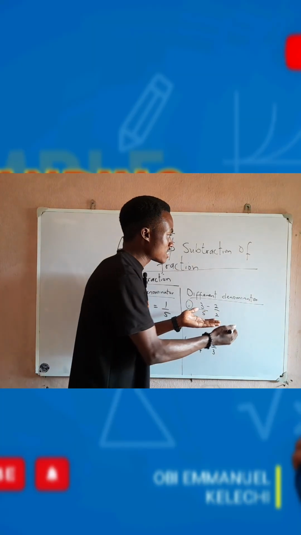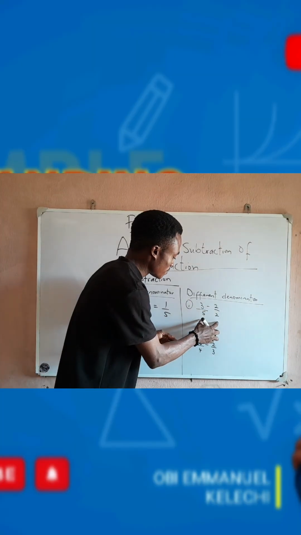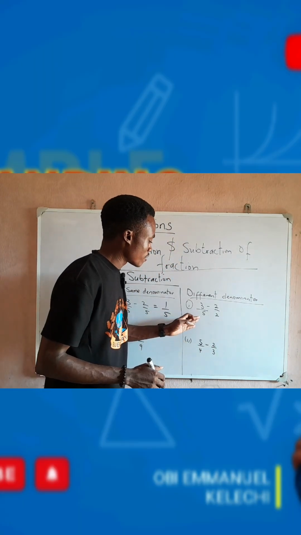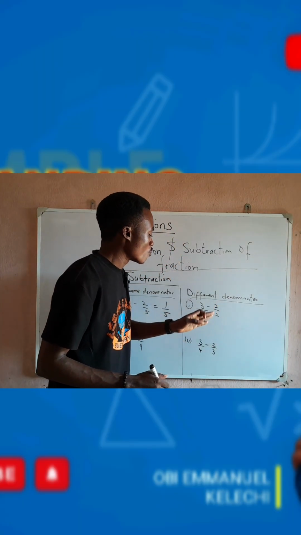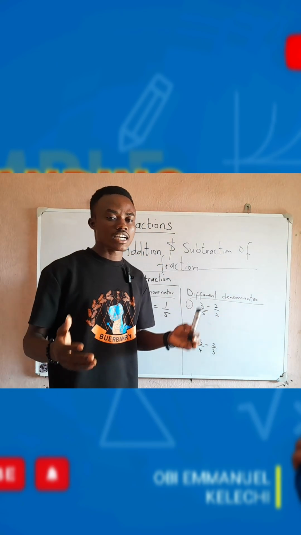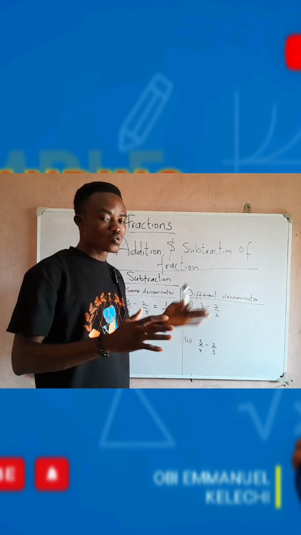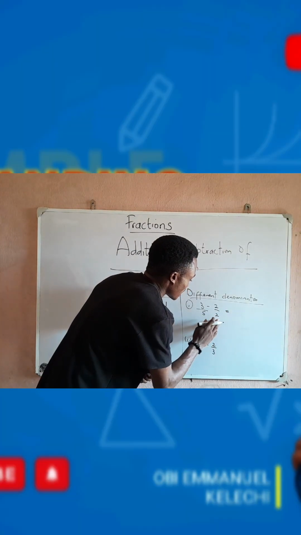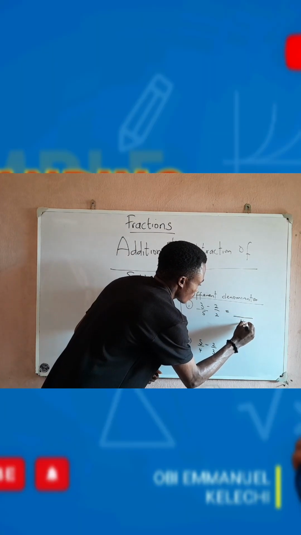So for different denominators, you can see here that we have two different denominators. This is 3 over 5 minus 1 over 2. So what is the LCM? Just like I said, to get the LCM, you multiply the two denominators. 5 times 2 is equal to 10.